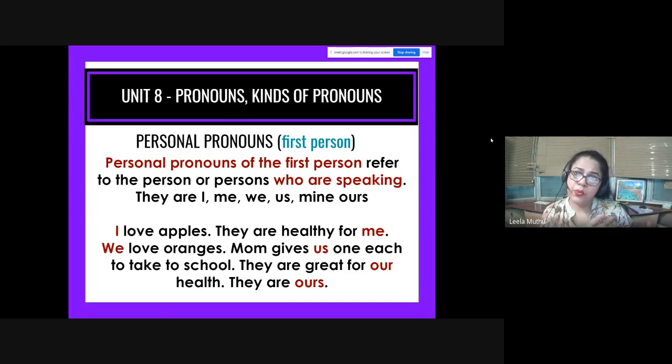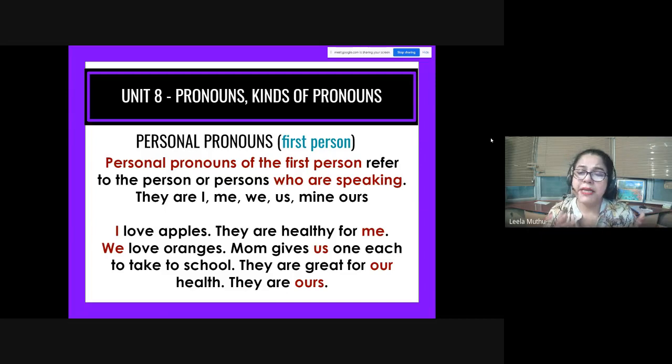I, we. Okay, and you have other pronouns which also show the one who's doing the talking: me, mine, myself. All these words are connected to the first person who is doing the talking, ourselves, etc. Us, all these are referring to the persons who are doing the talking.